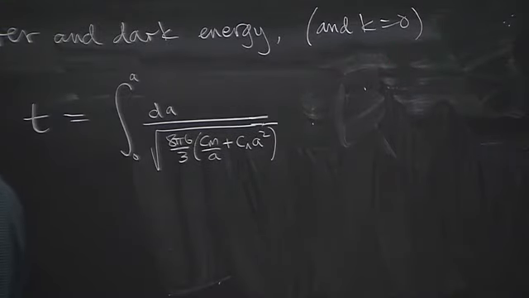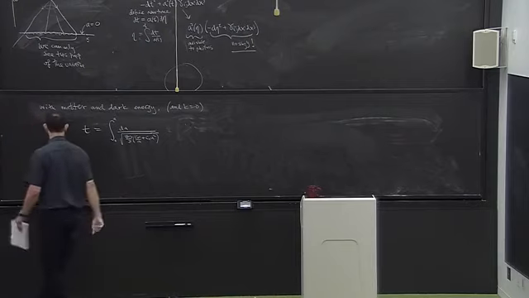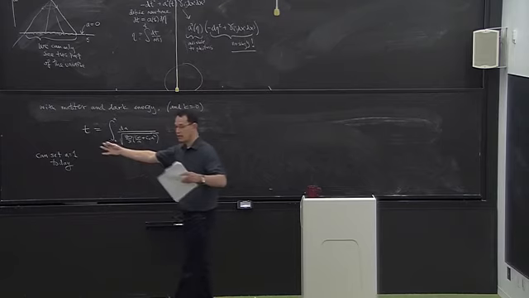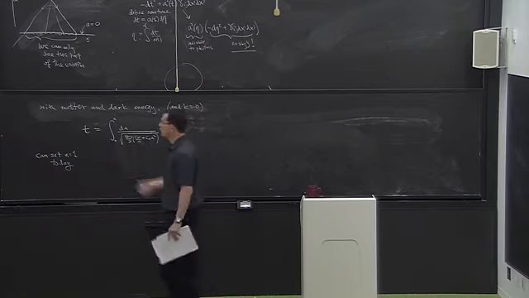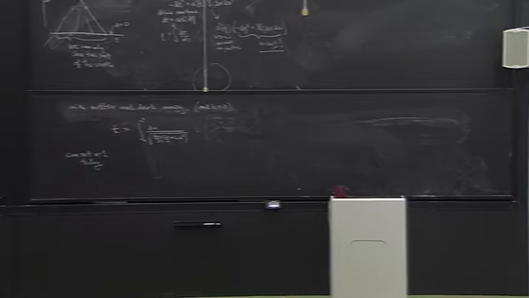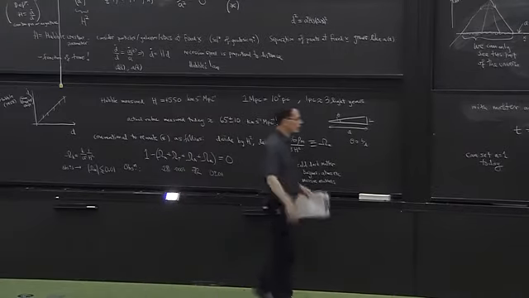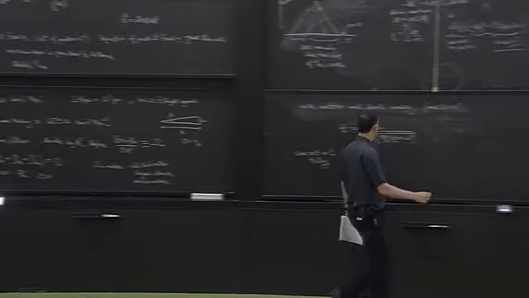We can set a equals 1 today. So a is an arbitrary scale factor, and we can always choose units. You see, if I ignore that k term, this equation is homogeneous in a. I can rescale a to set a equals 1 today.